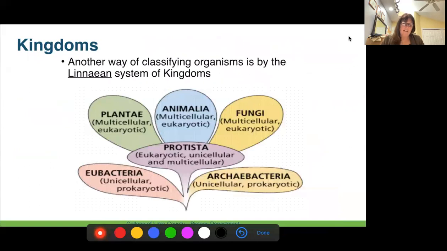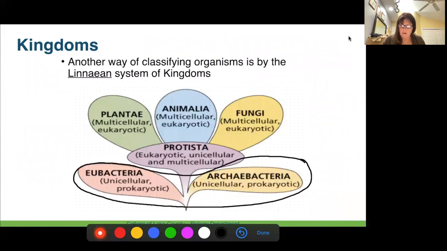We used to divide life into what are called kingdoms, and maybe you learned this in high school. When I was in high school, this whole kingdom here was called Monera, Monera for one cell. So we only had 1, 2, 3, 4, 5 kingdoms. So we had Monera, Protista. Protista is the junk drawer of the kingdoms.